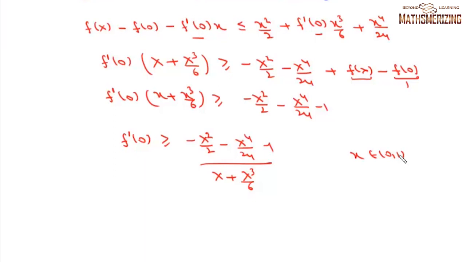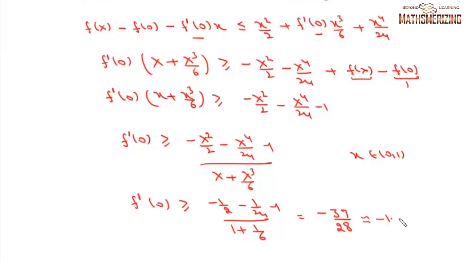So this f'(0) will always be greater than or equal to the value when x is 1. So if you put x as 1, we'll get minus 1 by 2 minus 1 by 24 minus 1 upon 1 plus 1 by 6. So it will be minus 37 upon 28, which is nearly minus 1.32.